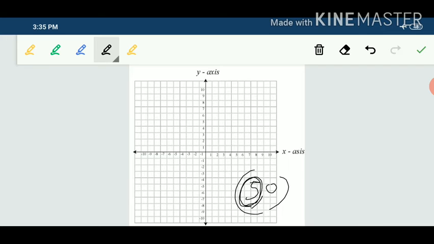We know this is the x-axis and this is the y-axis. The value of x is positive, so it is on the right side of the region. Now where is the 5? Yes, here, the value of x is 5 on this point.